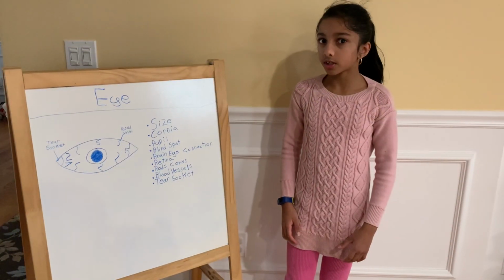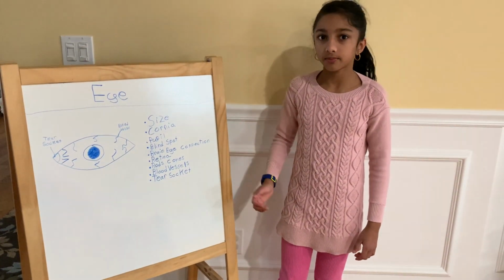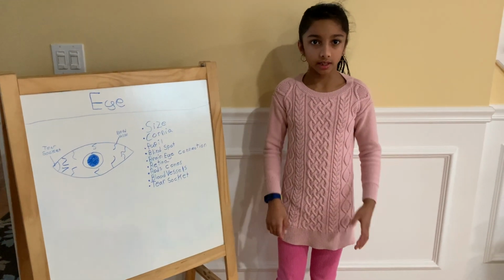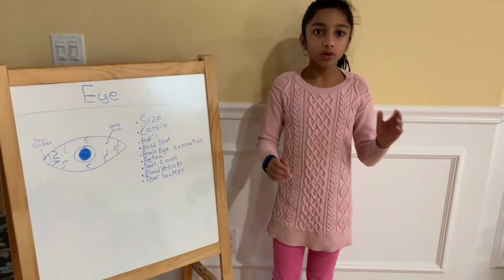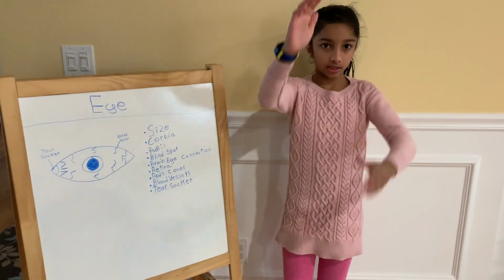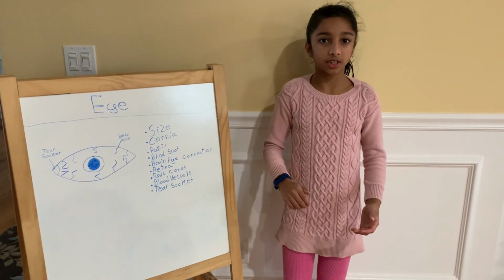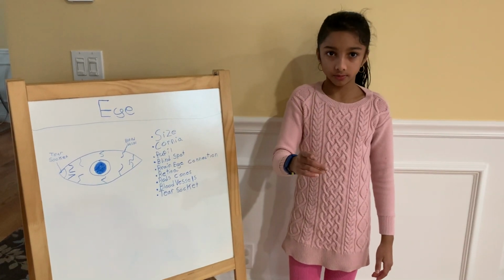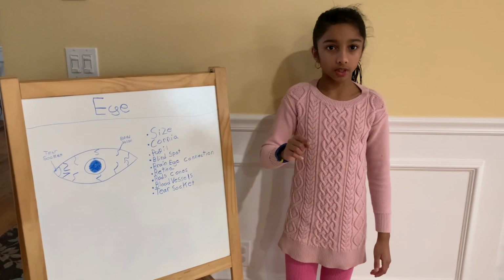Now that we covered all the parts of the eyes, let's go into more details of the eyes, like vision. You know a camera and how it takes a picture. If it takes a picture of a whole person, you can see that it takes every detail. That's kind of how the eye works too.